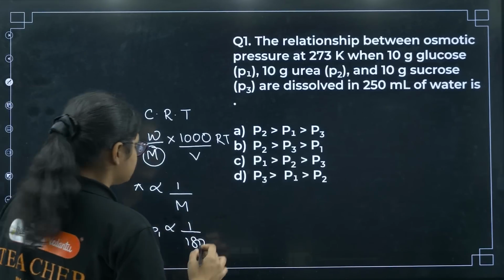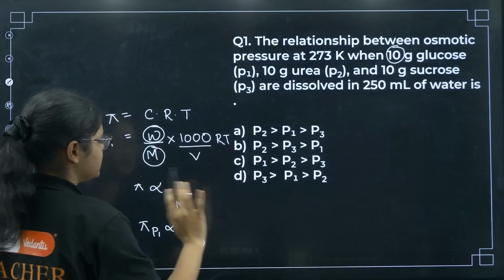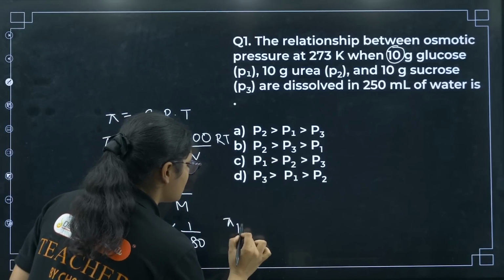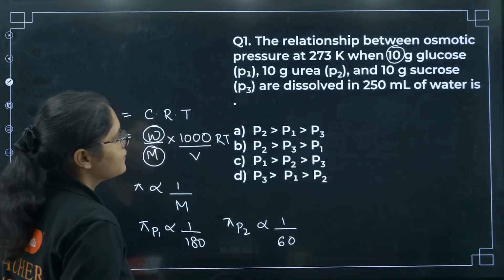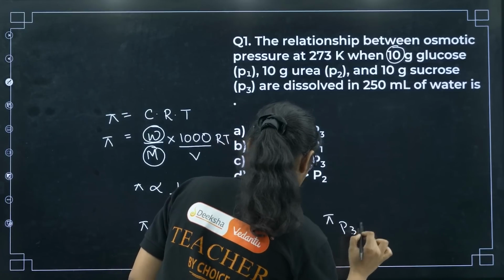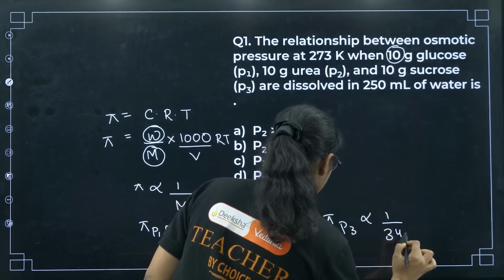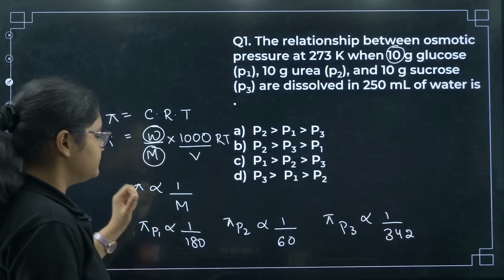Then urea is 60. These all are fixed, right? This 10 gram is also fixed for everything. P2 is proportional to 1 by urea mass, 60. Then we have sucrose. Sucrose mass is 342, so P3 is proportional to 1 by 342.